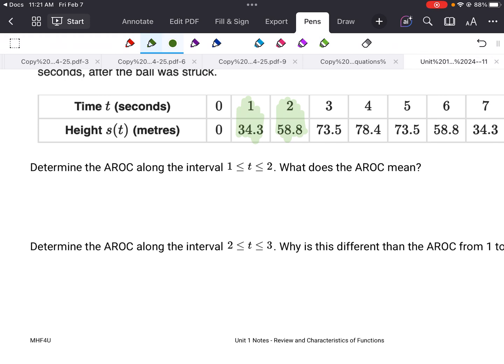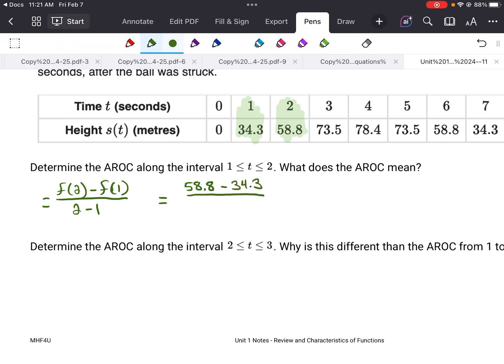So we have, let's do f of 2, take away f of 1, all that over 2 minus 1. At 2 seconds, the ball is 58.8 meters. At 1 second, it was 34.3 meters.